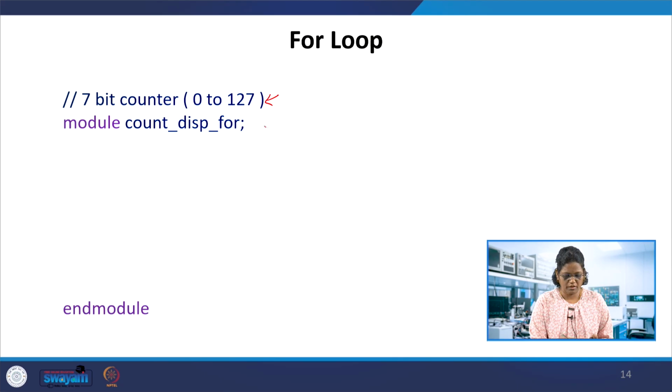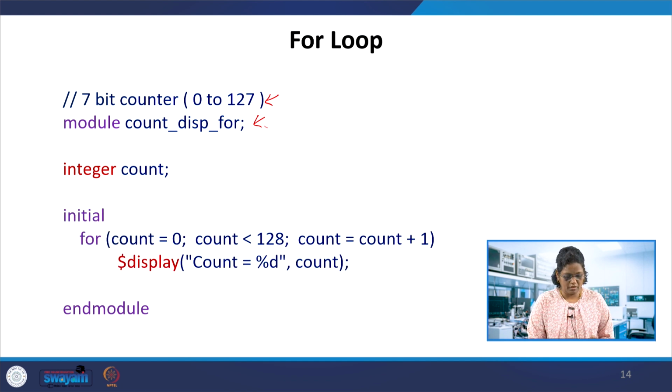In this module, count display, count is declared as integer, and initial begin, for loop. Let's look at the for loop. The count is initialized to 0 as the first expression, and the condition is count less than 128, count equal to count plus 1, and then display the count.